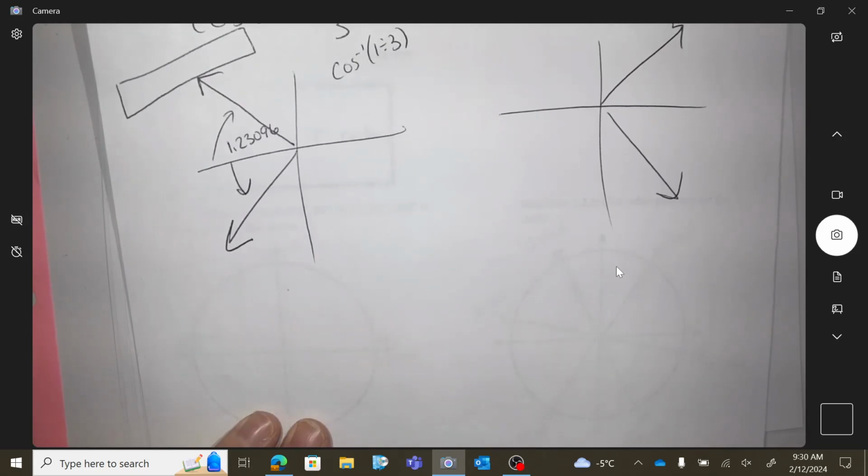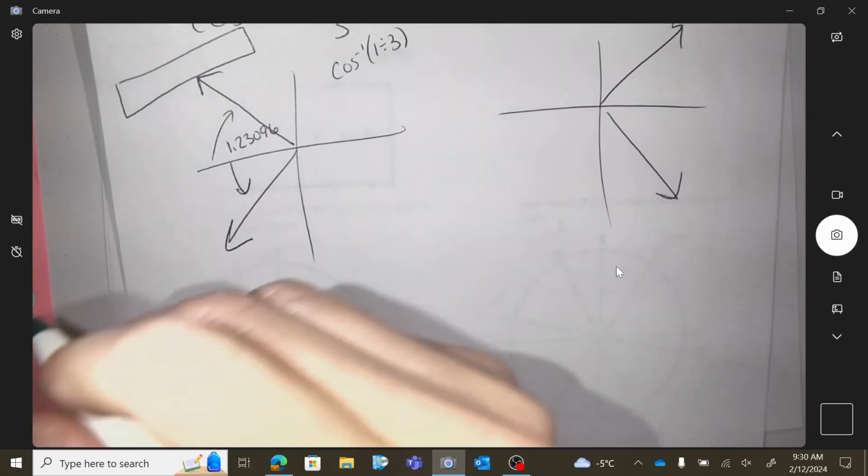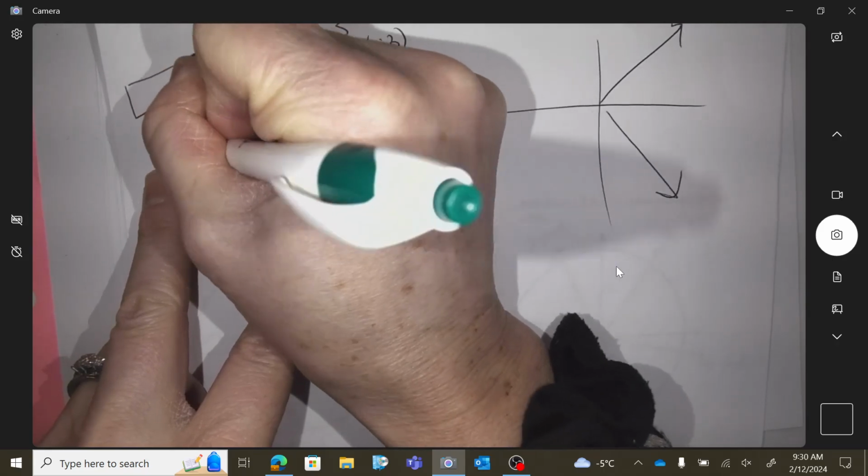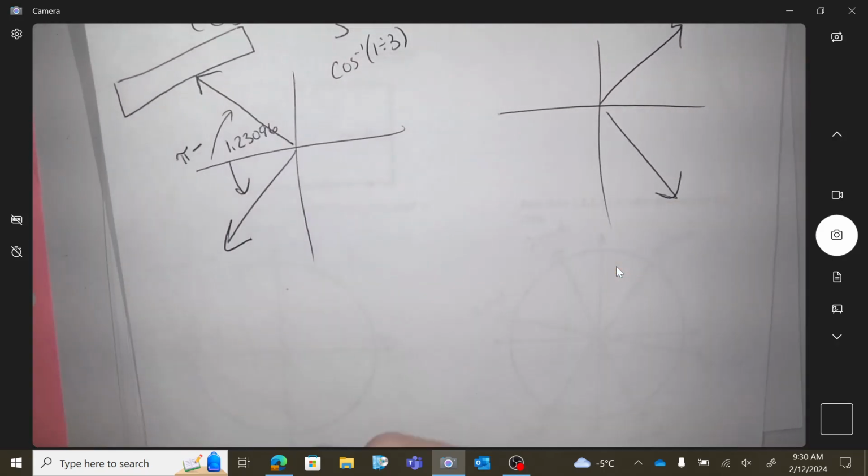Okay, reference is good. We're all matching. I'm going to do pi minus that much. Would that make sense to you?